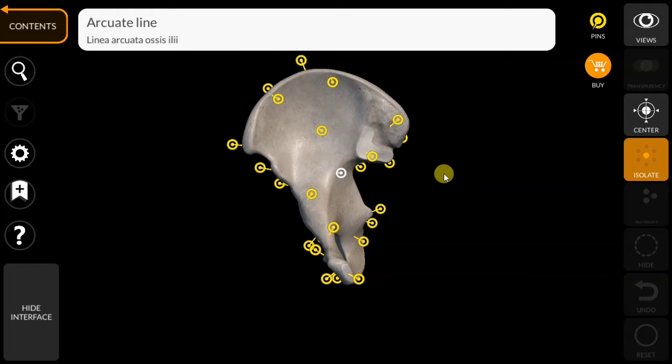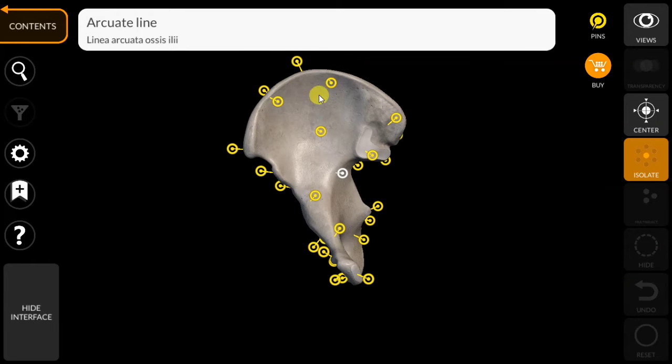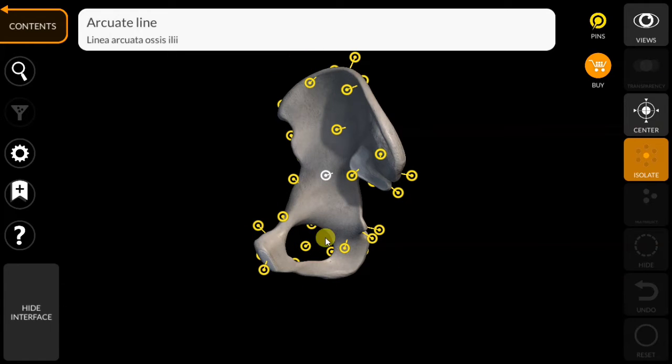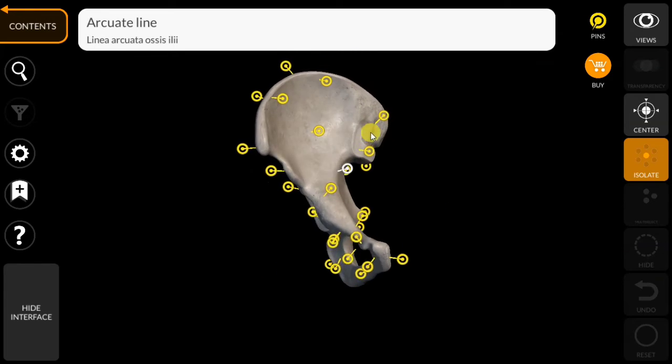So these were some typical features of the iliac bone, or we say the whole hip bone, because it is made up of three bones. The first one is the iliac bone, the second one is the pubic bone, and the posterior one is the ischial bone. We have also gone through its features.